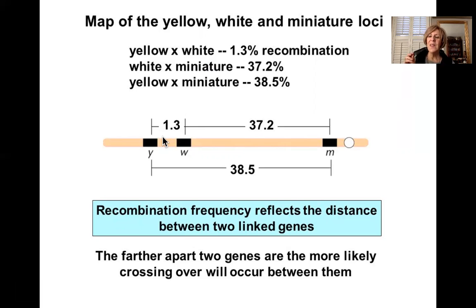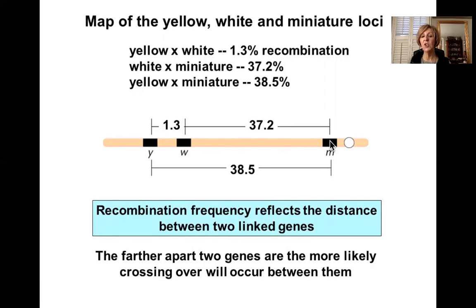That means that we can actually produce kind of a rough map, because we know that relatively these must be very close together. If the white and the miniature undergo recombination 37% of the time, then we say they are 37 map units apart. So again, we can kind of find out where these guys are. We can kind of make a map of their loci. The yellow and the miniature alleles are the furthest apart.